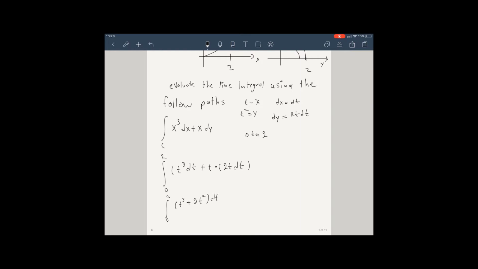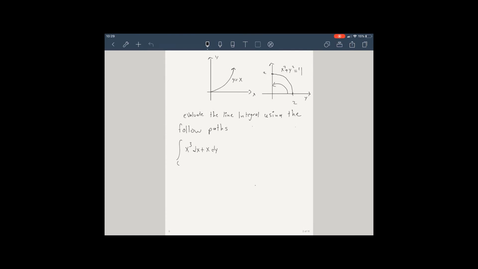I can now integrate, and I get that the line integral is equal to t to the 4th over 4 plus 2t cubed over 3 evaluated from 0 to 2, and that gives me 16 over 4 plus 16 over 3, which is equal to 112 over 12, which is equal to 28 over 3. And that's your final answer for part A.